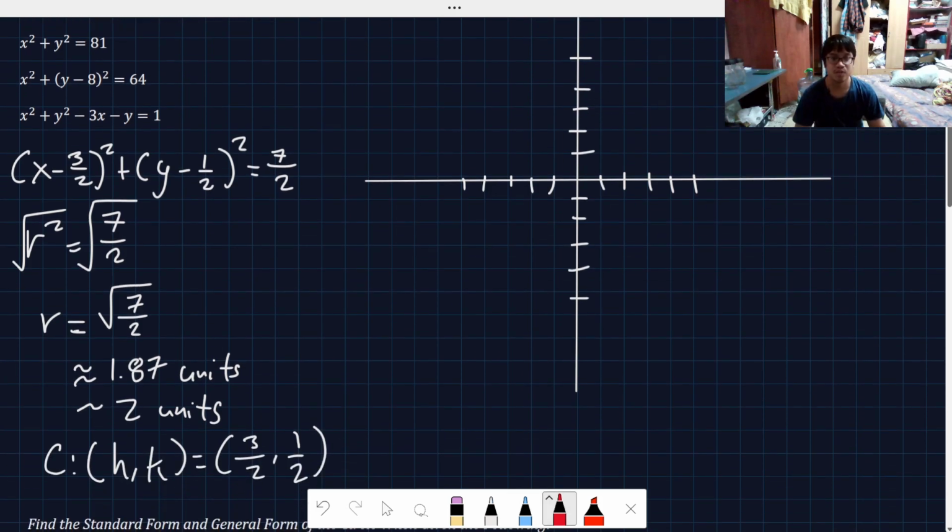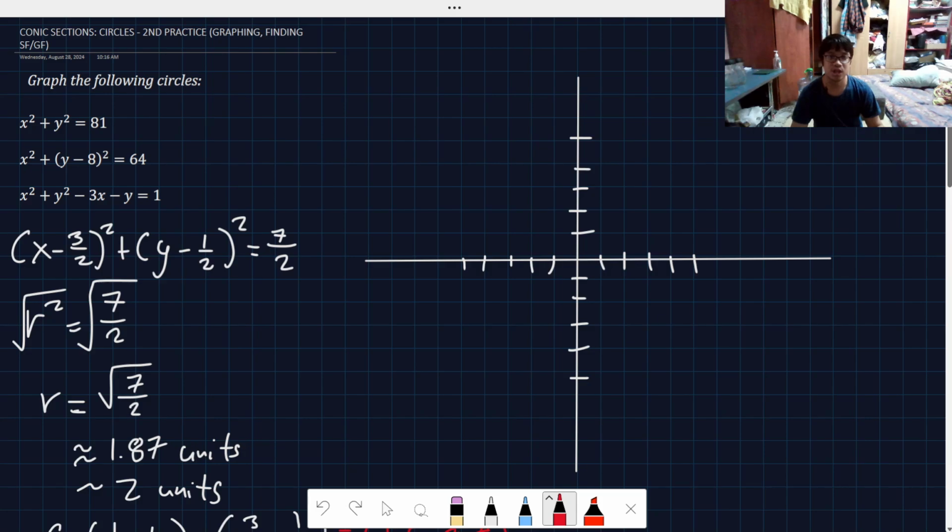First, we must locate your center. You see, this is the same as 1.5 and 0.5. 3/2 is 1.5, 1/2 is 0.5. Now, how are we going to locate them? Let's start with your x, or your h, 1.5. That means you're going to move 1.5 away from the origin to the right.